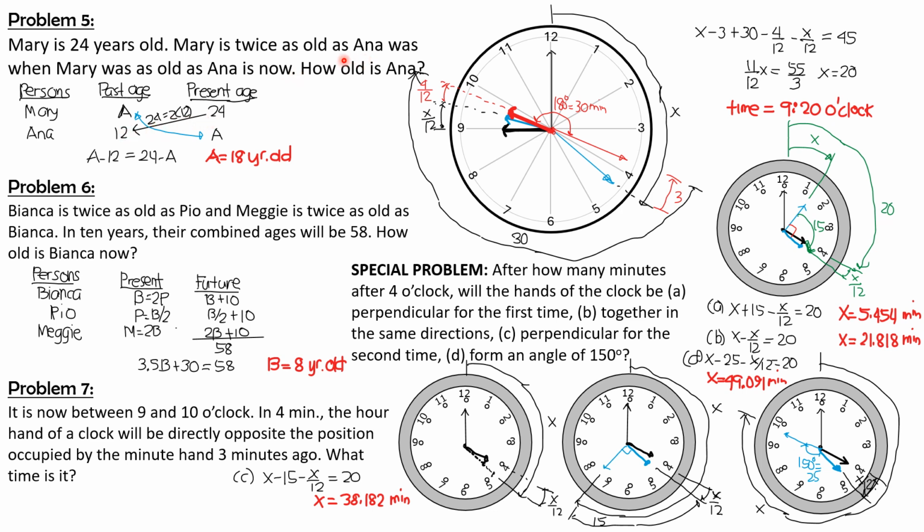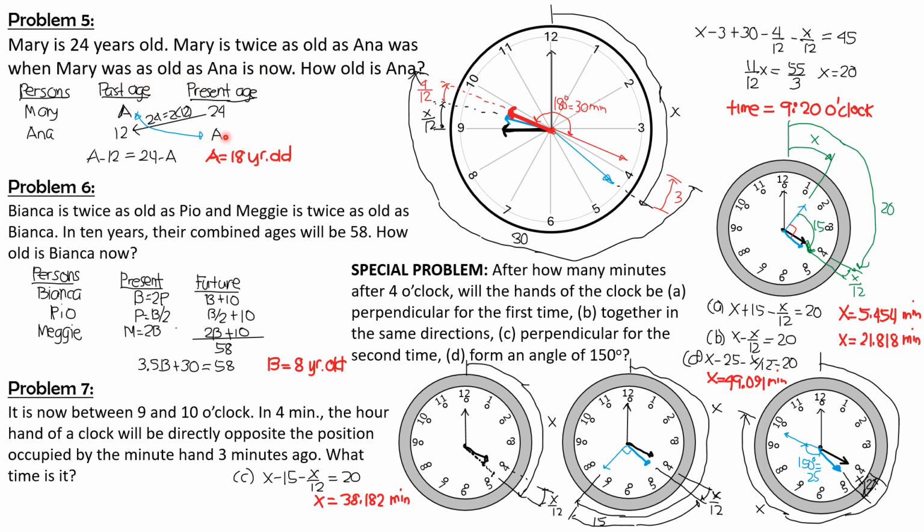Mary is twice as old as Anna was when Mary was as old as Anna is now. So the past age of Mary refers to when Mary was as old as Anna is now.